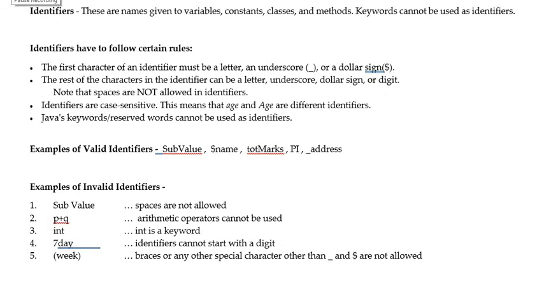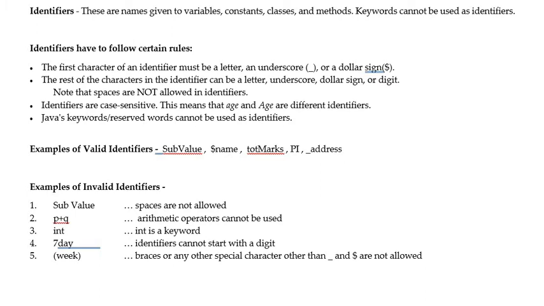After keywords, the next are identifiers. Identifiers are names given to variables, constants, classes, and methods. Keywords cannot be used as identifiers because they are already reserved with certain meaning. Therefore, for identifiers, we need to know certain rules.